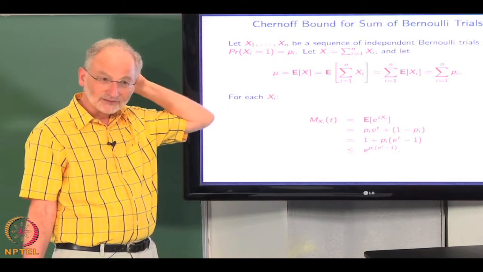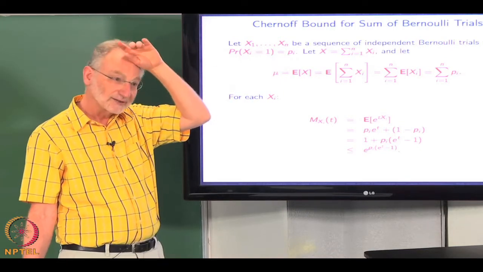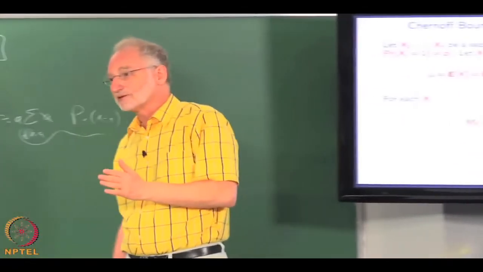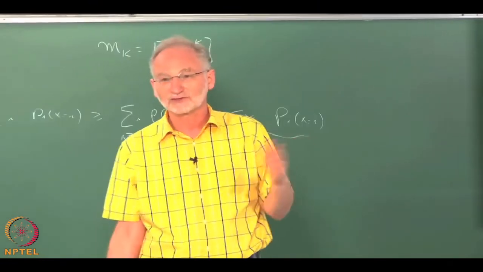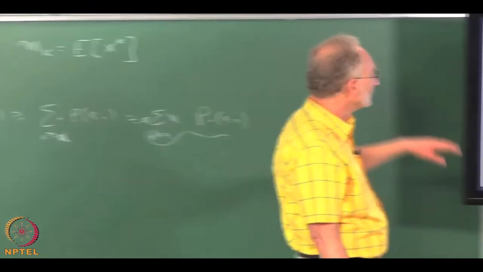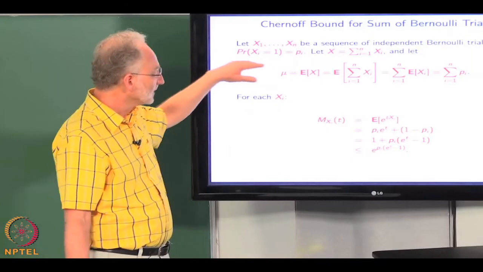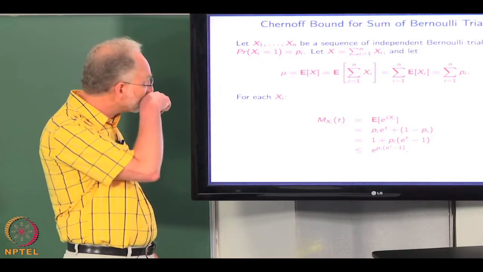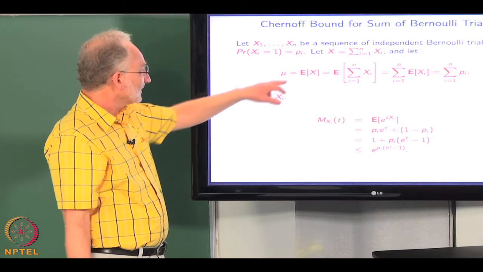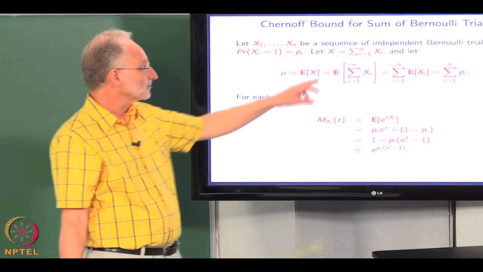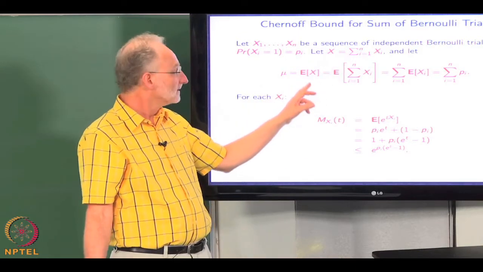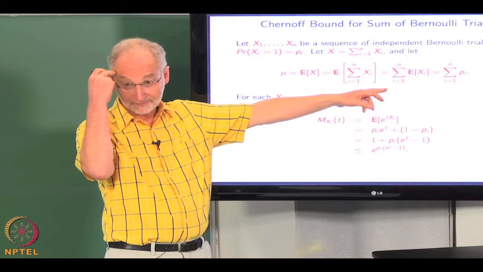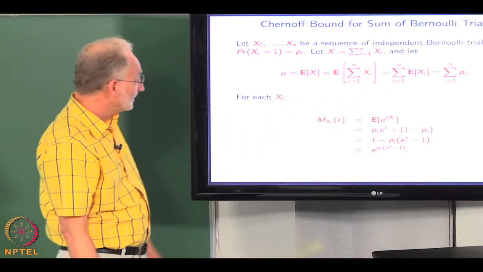So I have a sum. This is actually very important when we analyze algorithms, because we often ask how many steps we have to do, and each step has its own probability of success. We can still apply the Chernoff bound even if the probabilities are different. Now let mu be the expectation of the sum, which is the sum of the pi's.